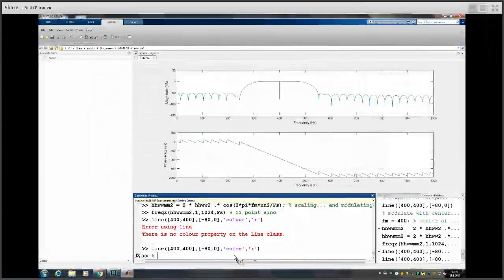So that was from low pass to band pass. Then from low pass to high pass.